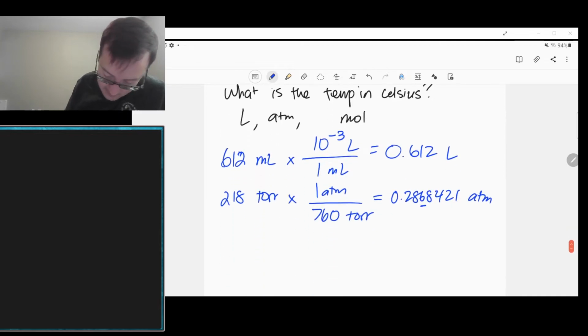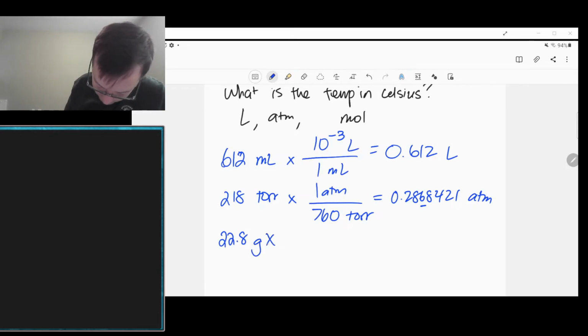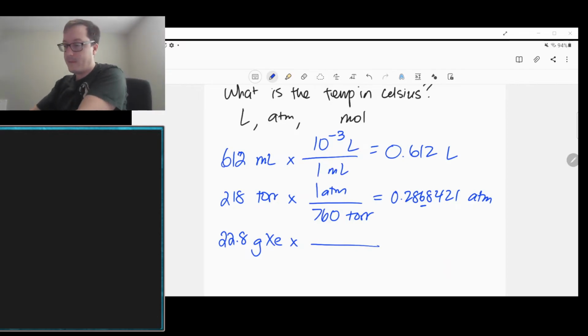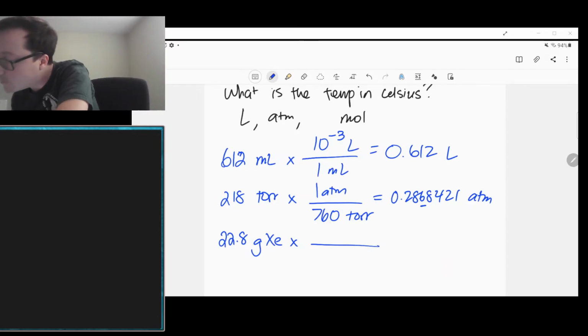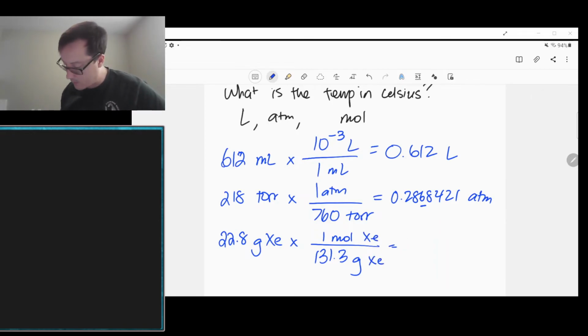And then the last one is we need moles. We have grams. Remember how to convert between grams and moles is molar mass. Xenon has an atomic mass of 131.3. And so we can go ahead and figure that out.